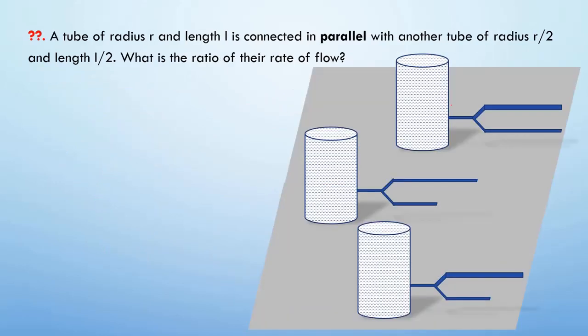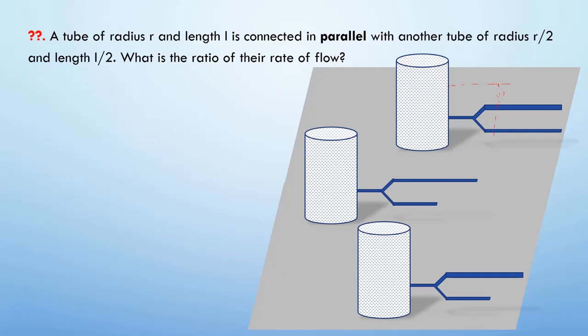Let's do something in combination with the same question. What if we have different tubes connected at the same level? That is, instead of being connected in series, they are connected in parallel. That is, they are connected at the same height.